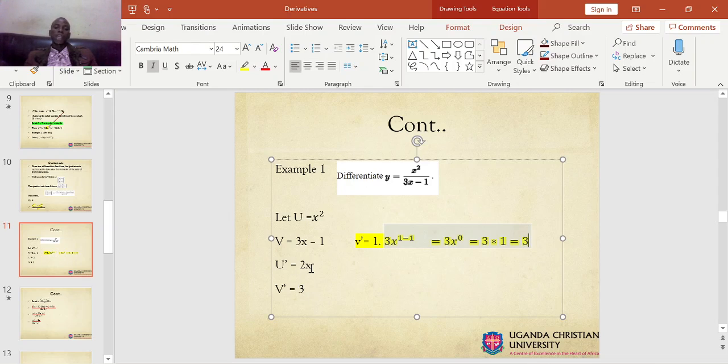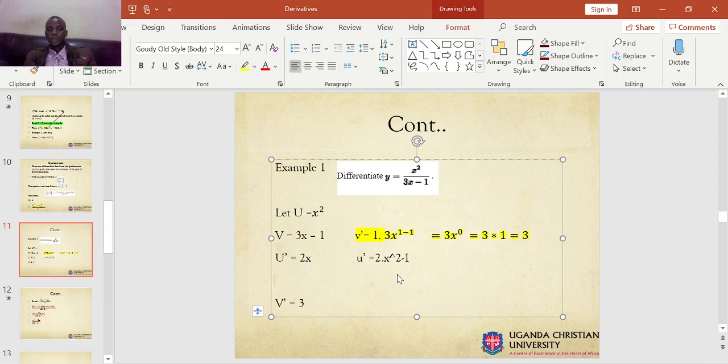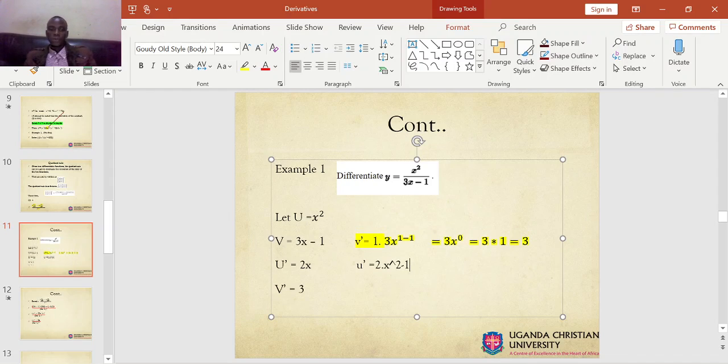And then to get this 2x, we were getting the derivative of u. Recall we said you multiply by the power, which is 2. So we have 2 times x to the power 2 minus 1.